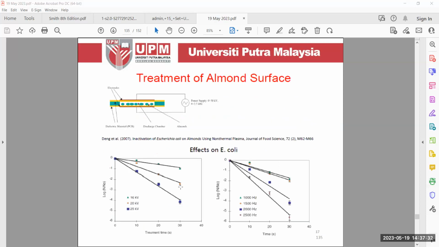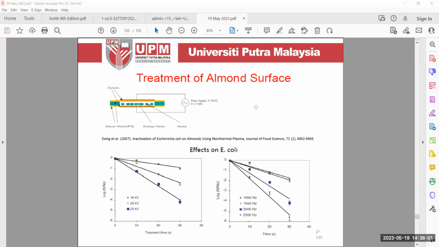Okay, so these are the results of treatment of almond surface. Here in Malaysia, there is Universiti Kebangsaan Malaysia, or what we call UKM. There's a professor who is treating nuts for reduction of aflatoxin using cold plasma. His research is quite marvelous actually.